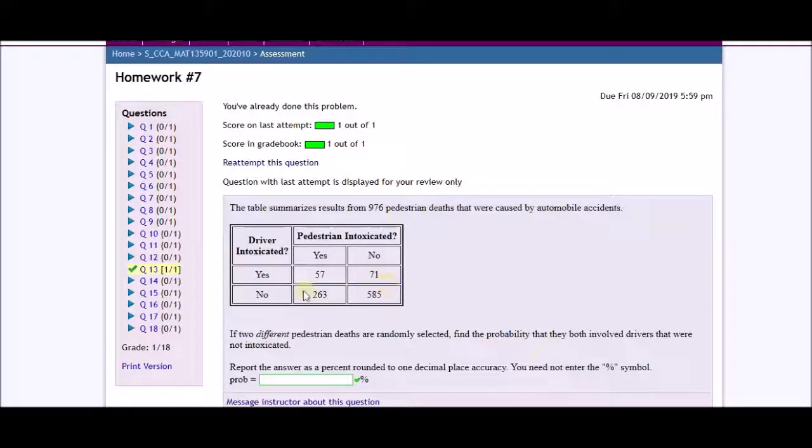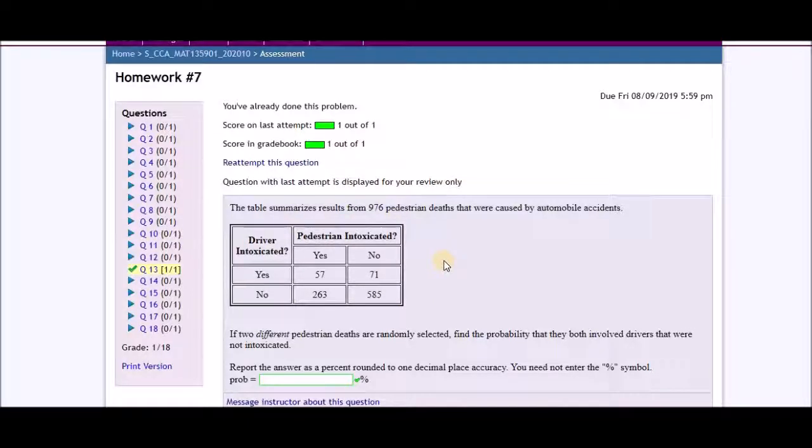And this row right here has all of the pedestrian deaths that involved a driver that was not intoxicated. So in this row, although the driver was not intoxicated, some of the pedestrians were intoxicated in fact. So hopefully this is going to clarify how you read this specific table.